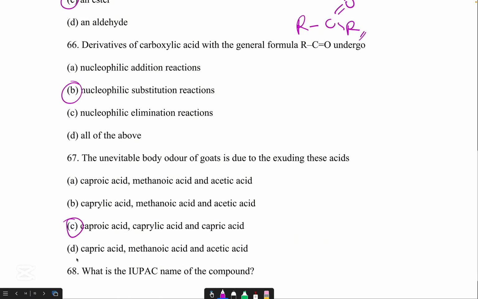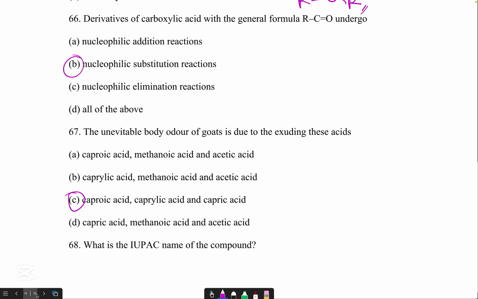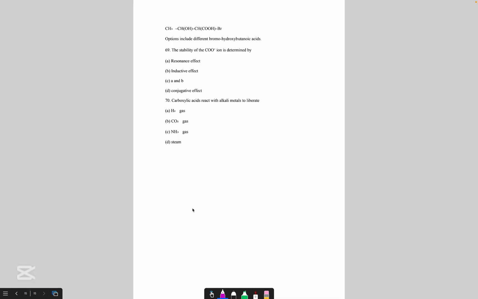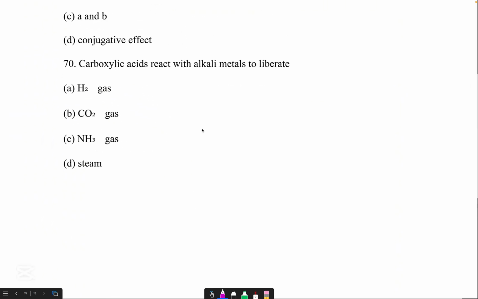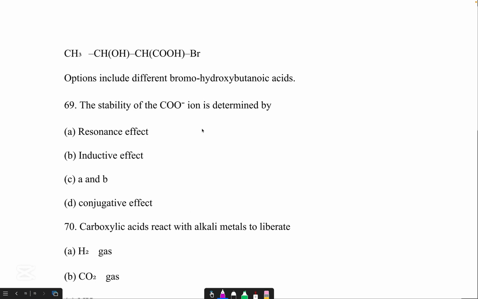Option C. What is the IUPAC name of the compound? The compound that was given to you is something like this. Let me check very well. I know this structure is wrong. Don't mind these ones.